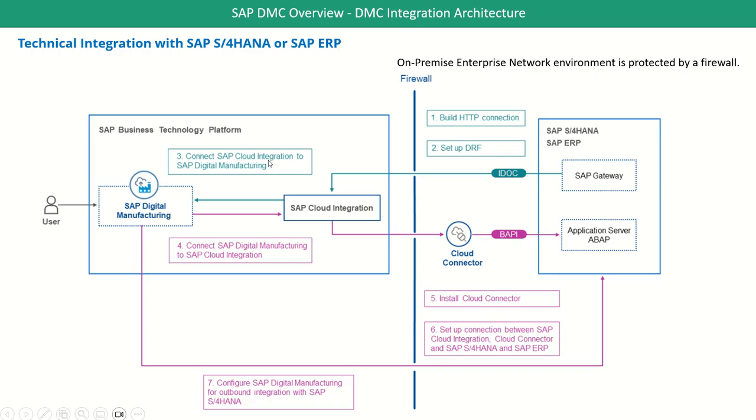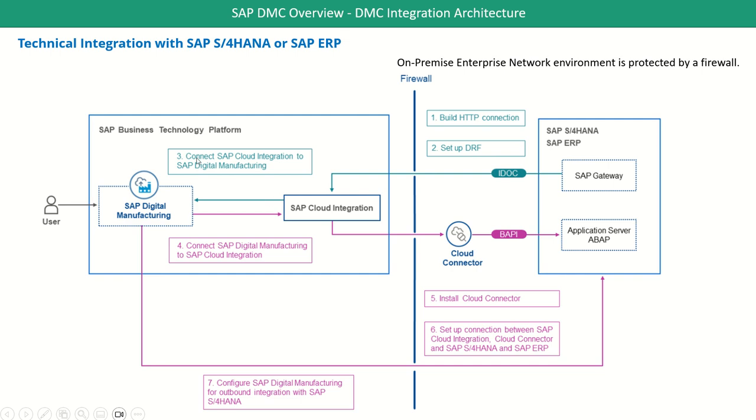Cloud Integration is SAP CPI, or you can say SAP CI now. This is the cloud integration tool from SAP, and it is used to connect multiple systems, whether on premise or on cloud. So in the case of the Digital Manufacturing and S4 HANA connection, the connection happens through SAP Cloud Integration.